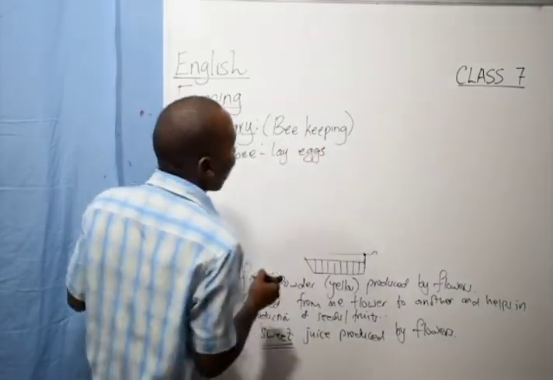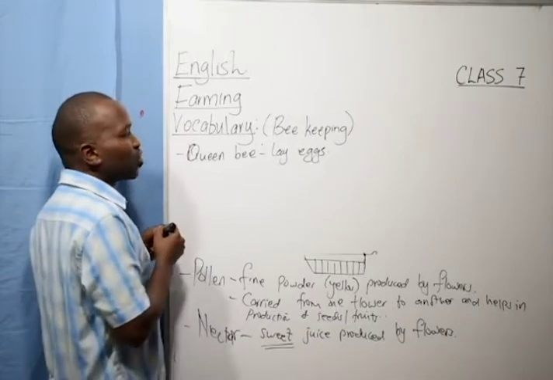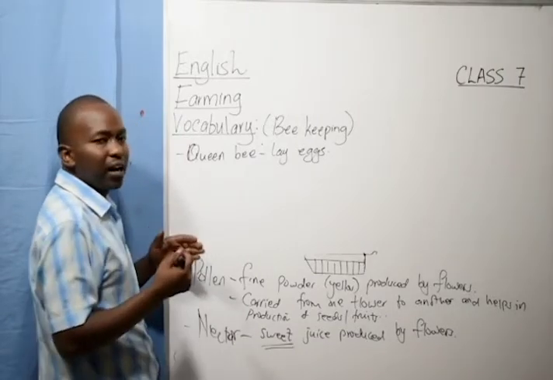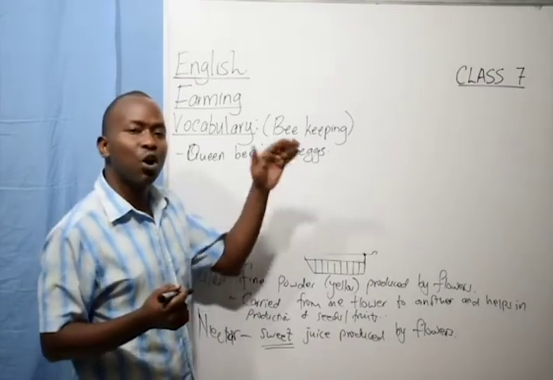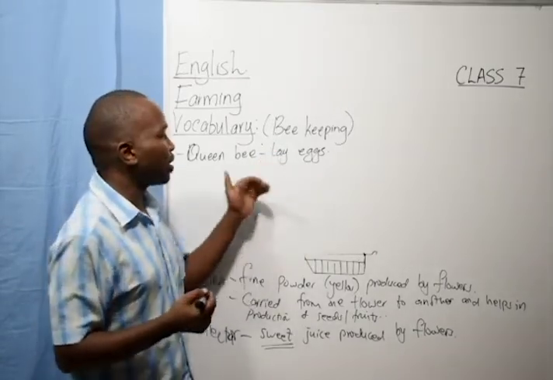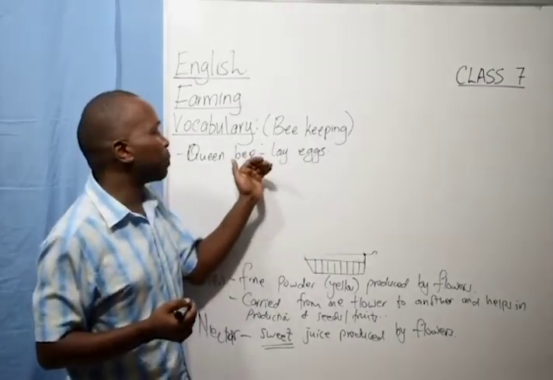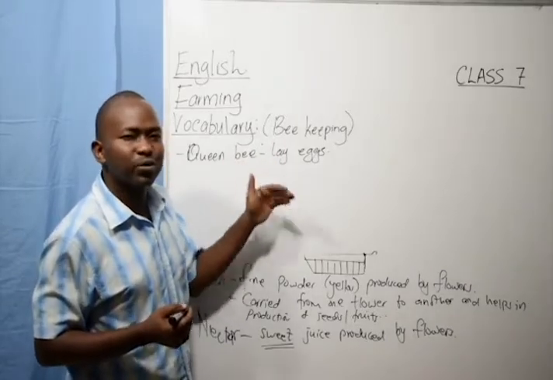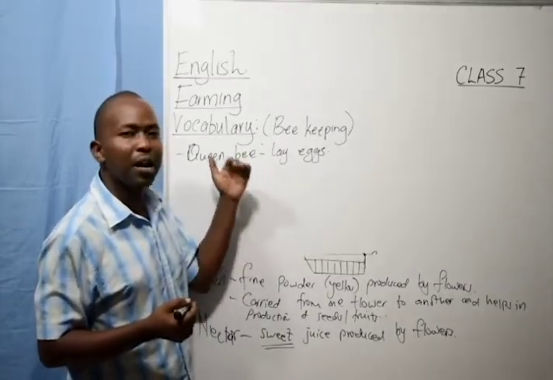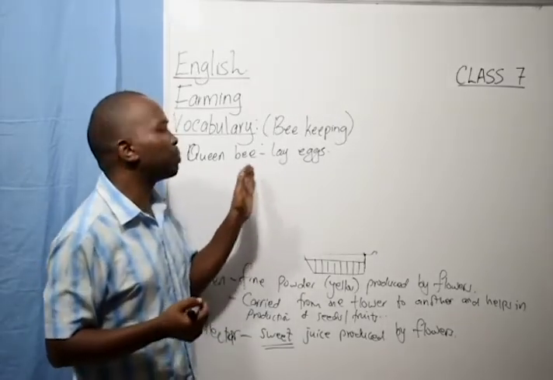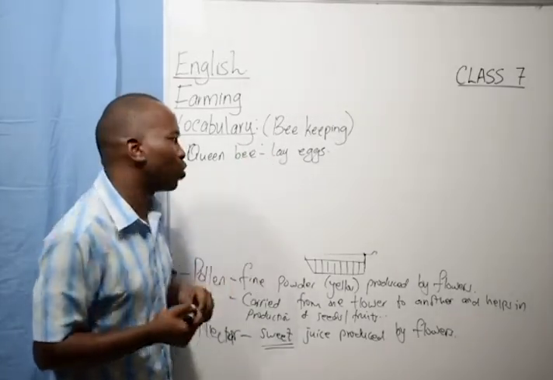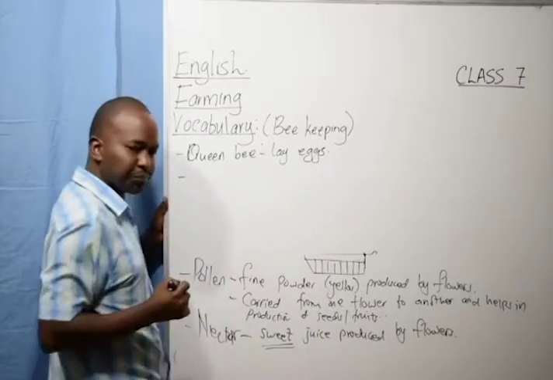That is her work. And she is always fed with a lot of nutrients so that she has the ability to continue laying eggs. In a colony of bees, there might be thousands and thousands of bees, maybe up to 100,000 bees in one colony. So the queen bee must have a lot of energy to lay those eggs.